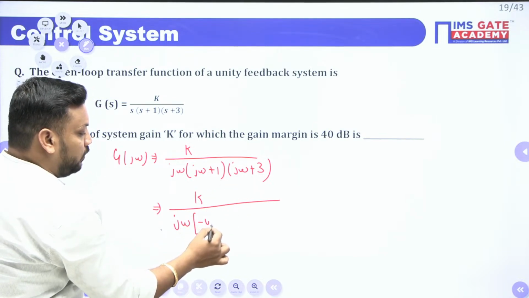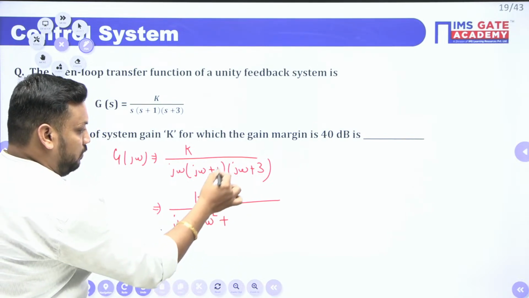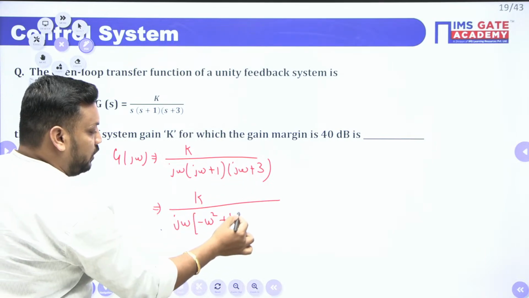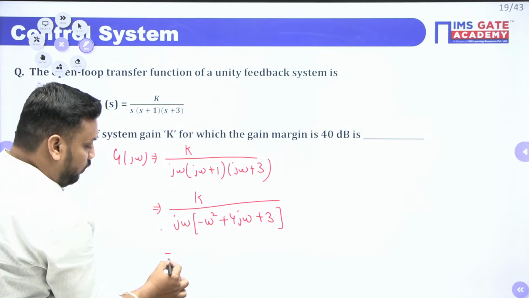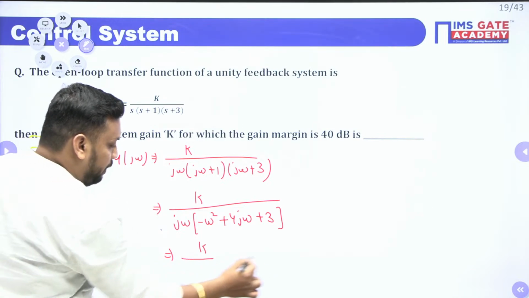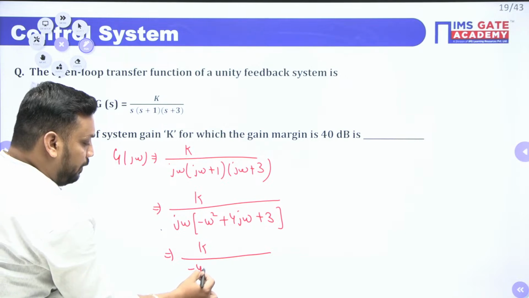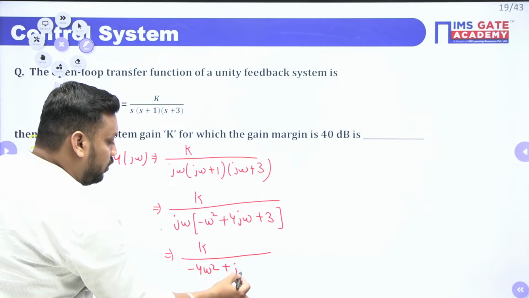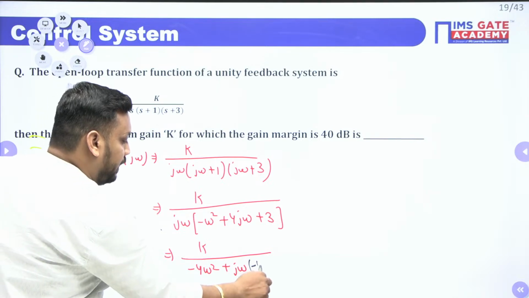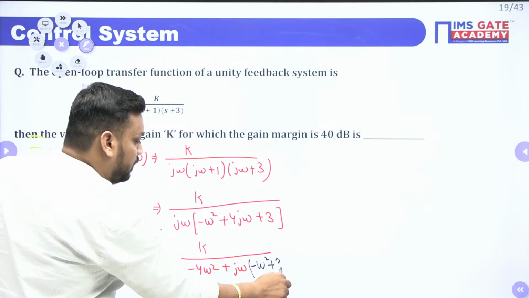Open the bracket: minus ω square, plus ω plus 3ω, which is 4jω, and plus 3. Ultimately you need to find the imaginary part equal to 0, so minus 4Kω square because j square is minus 1 only. Inside the bracket you get minus ω square plus 3.